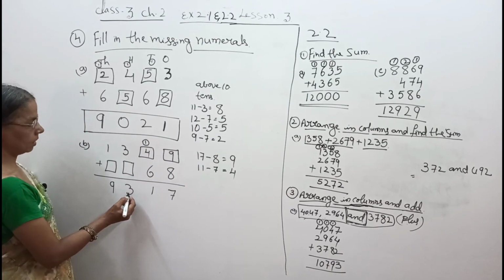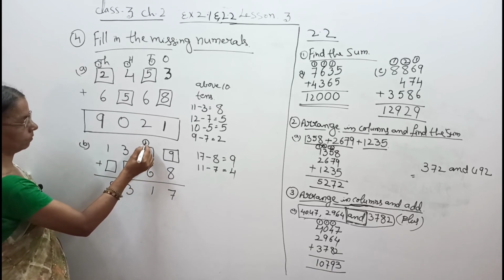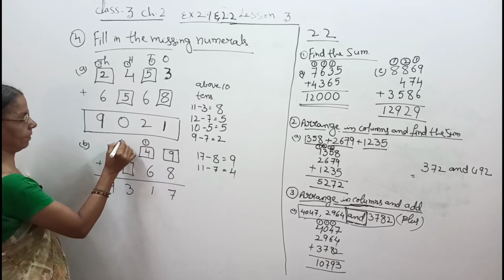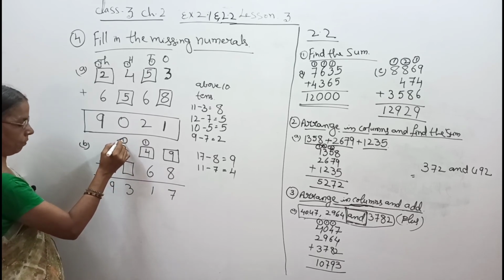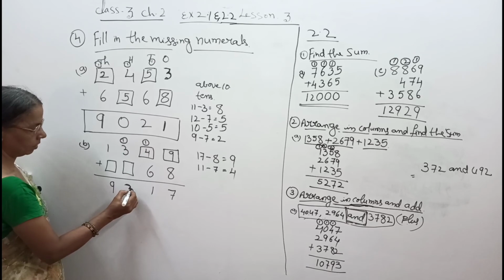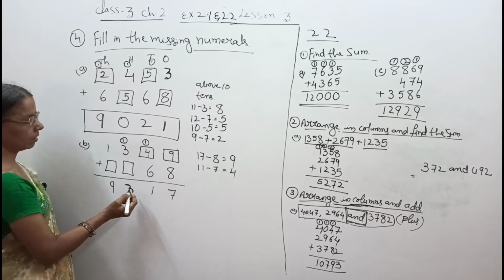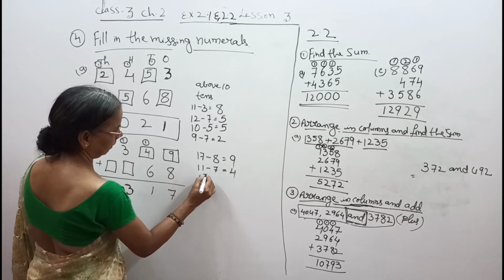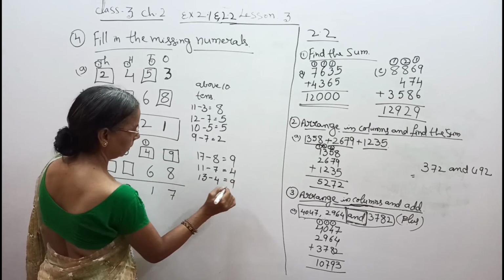Then here 3. Now 6 plus 4 is 10, 5 plus 1 is 11, 1 carry. Now 3 plus 1 is 4. Here it is given 3. It means more than this number, then it is 13 minus 4, we have 9.